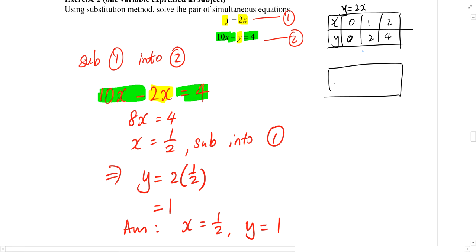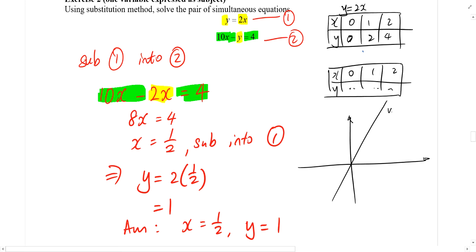Then I'll have another table, x and y, 0, 1, 2. Then you find the values. Then you plot the graph, y equals to 2x. And then we've got another one. This is actually y equals to 10x minus 4.